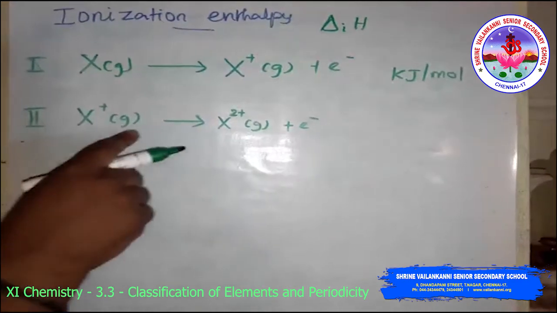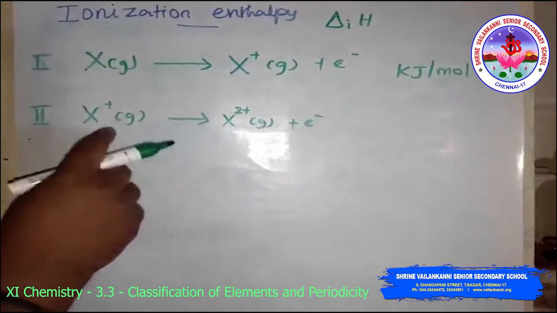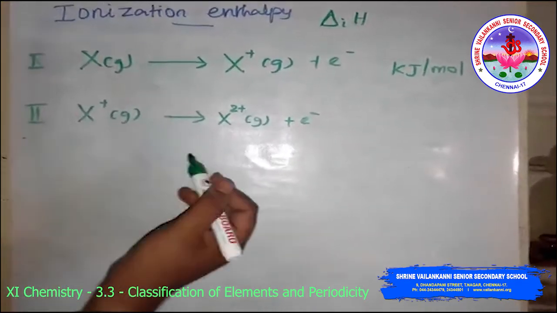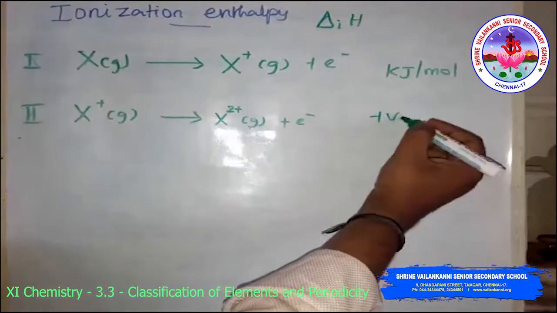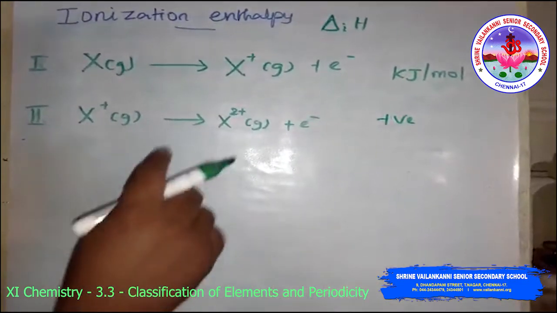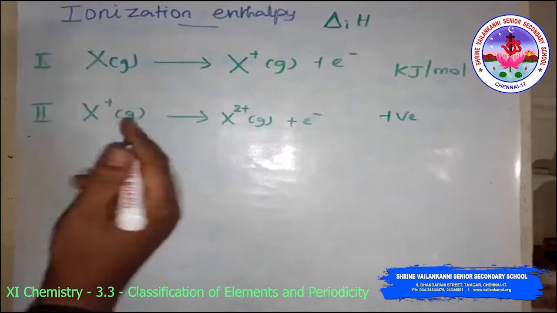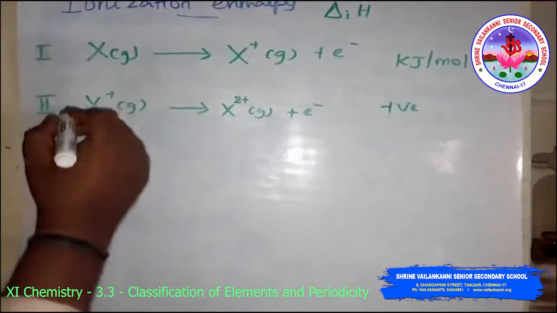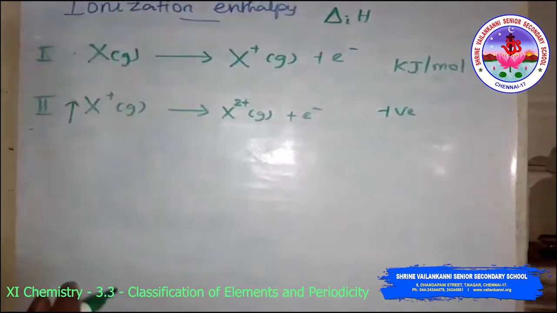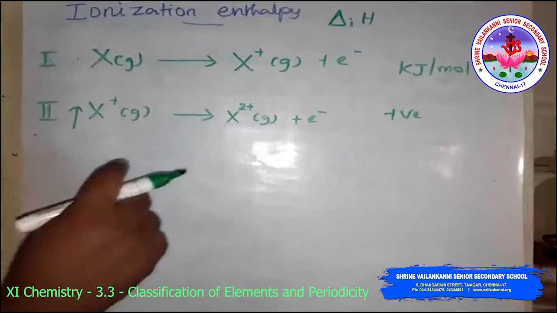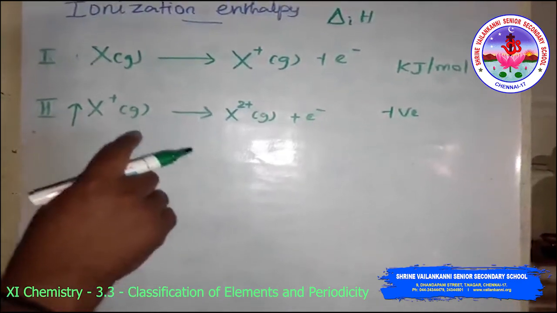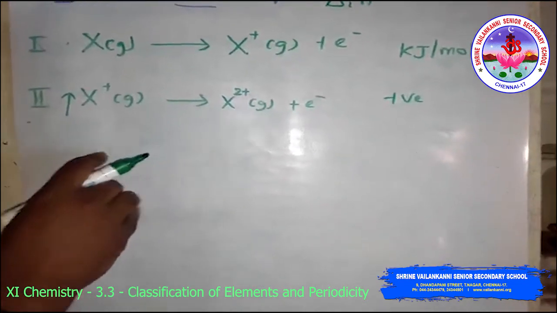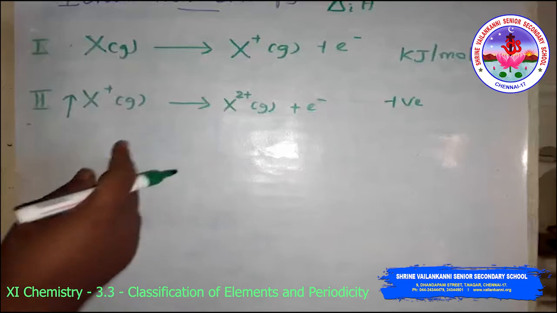The energy is always required to remove electrons from an atom, and hence the ionization enthalpy is always a positive value. So the second ionization enthalpy will be higher than the first ionization enthalpy, because it is more difficult to remove an electron from a positively charged ion than from the neutral atom.